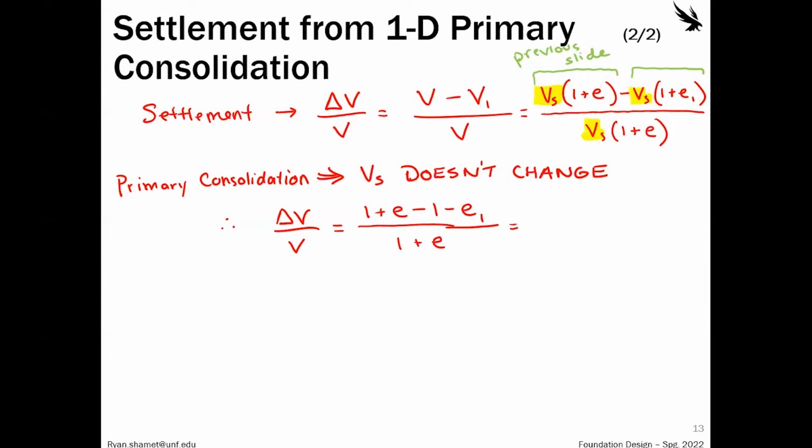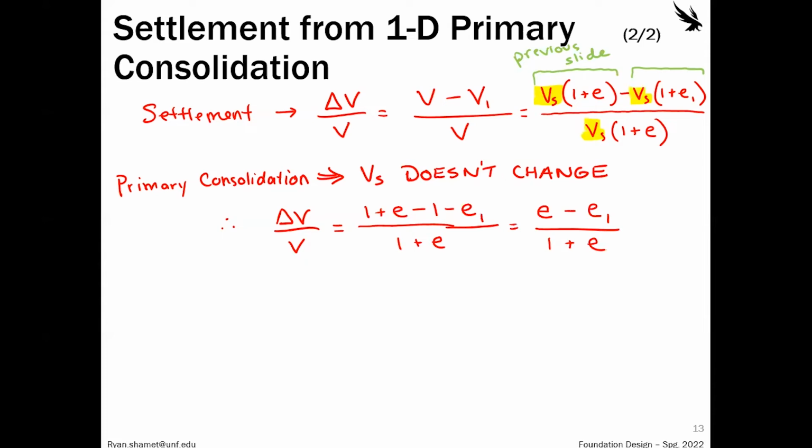So the ones cancel out, and what we're left with is e minus e1. So the original void ratio minus the new void ratio, now that it's been compressed, divided by 1 plus e.